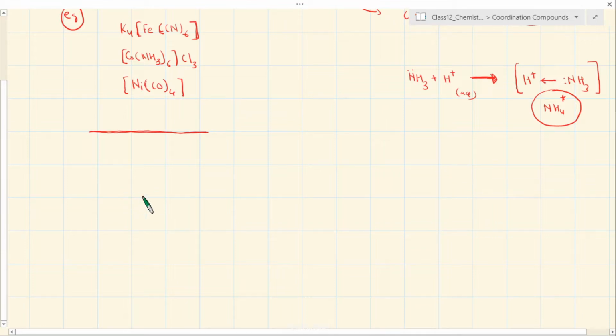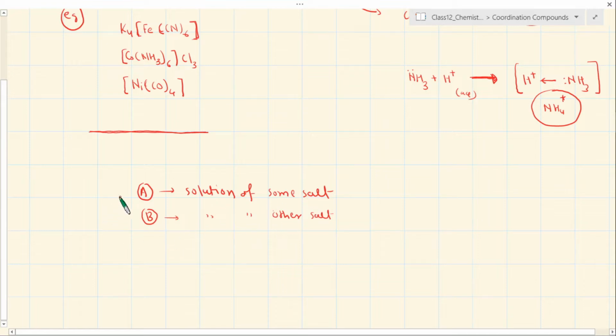Let's say solution A is an aqueous solution of some salt, and there is another solution, let's say B, which is a solution of some other salt. When I say salt, I am referring to ionic compounds.